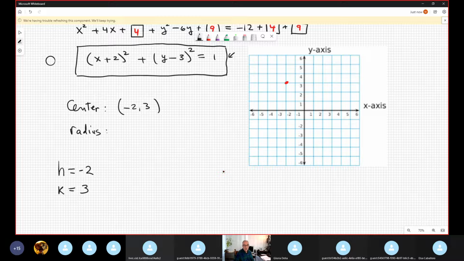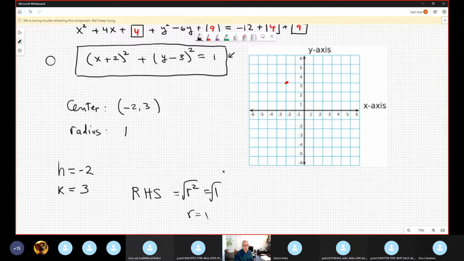And what about the radius? What is the radius? 1. In this case, it's a coincidence because 1 is a magic number. Normally the right-hand side in the formula is the radius squared. It's 1, so you apply the square root to both sides, and r is 1.